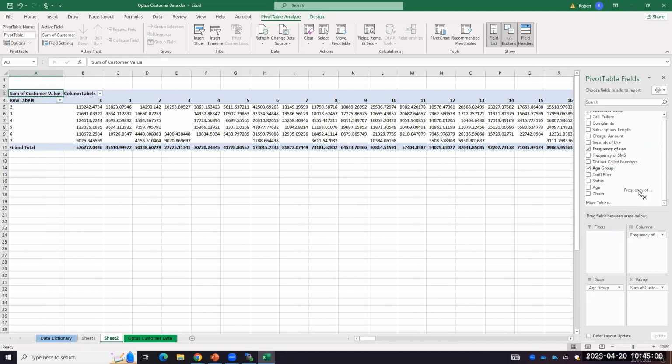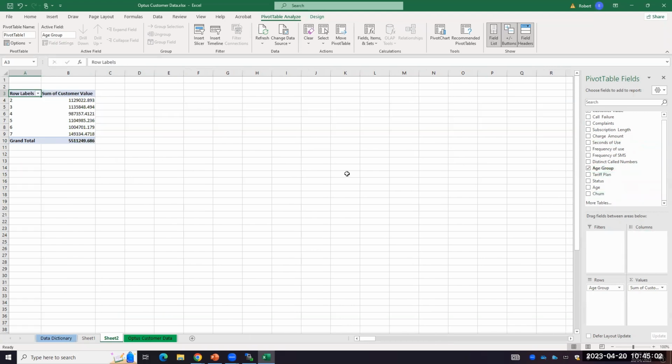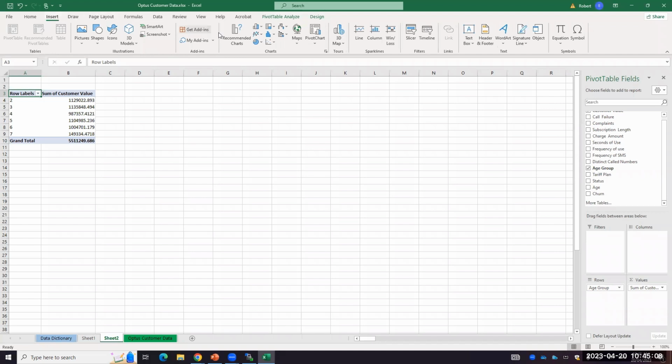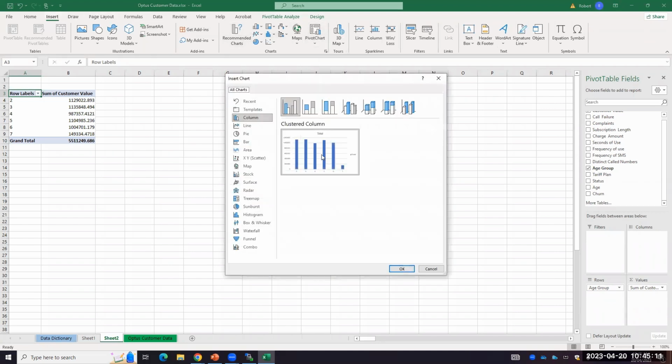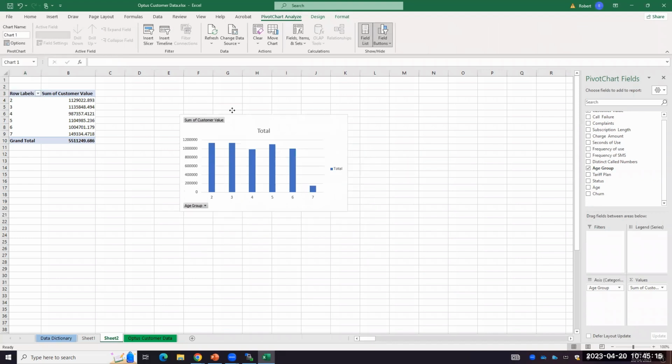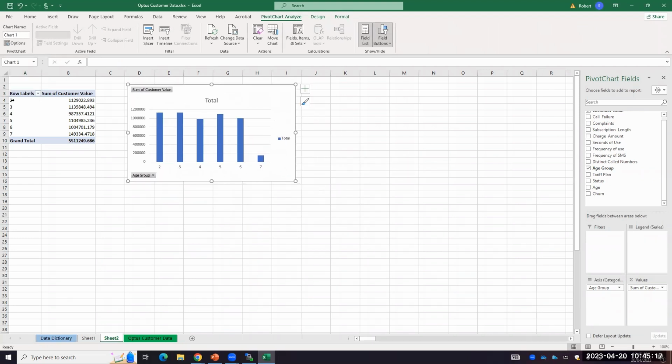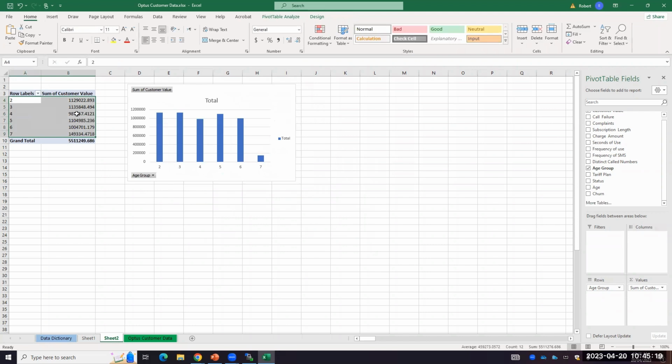So you just want to think about what makes sense and analyze patterns. To visualize, you can just go to insert and then pivot chart. And that just gives you a quick way to chart it. So just inserting this in here shows us a table with all of the age groups, for instance, the total sum of the customer spend, and then a chart.